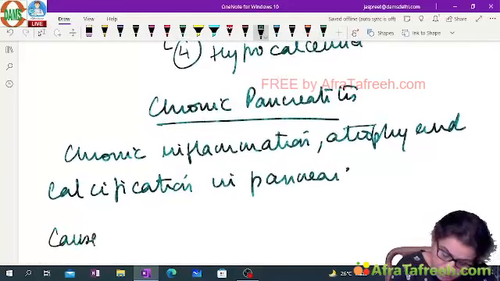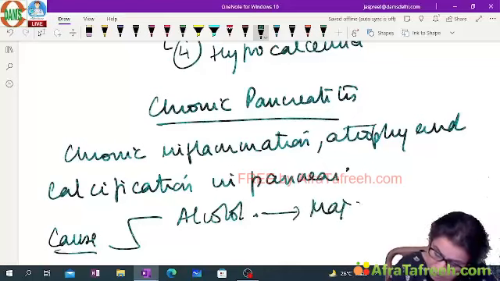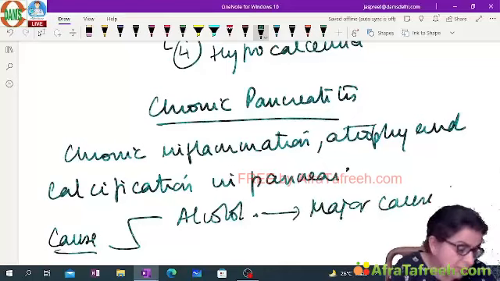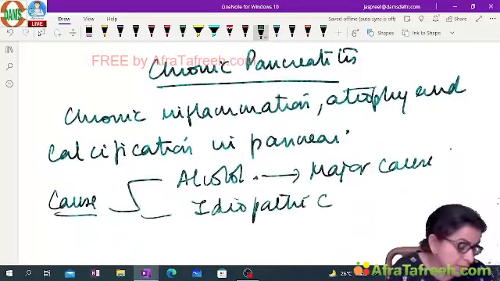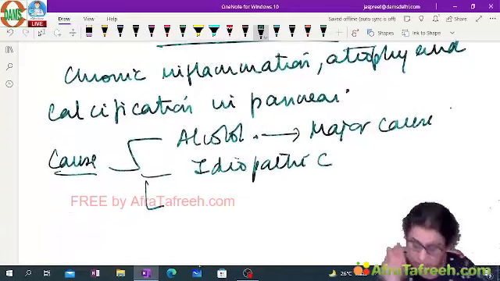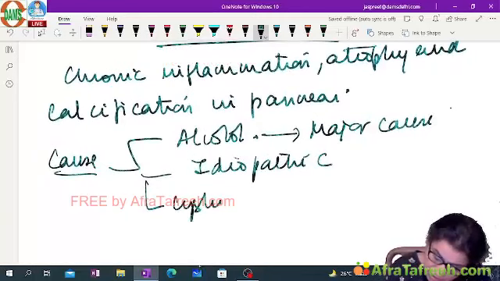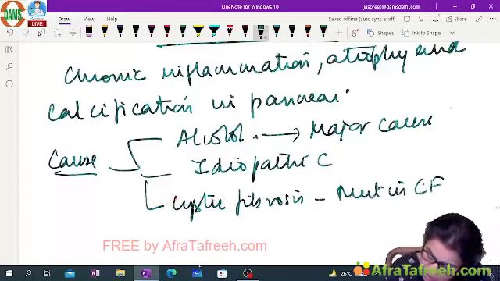The main cause is alcohol. Alcohol is the major cause of chronic pancreatitis. Second, it may be idiopathic. Then third, patients with cystic fibrosis. Cystic fibrosis is due to mutations in the CFTR gene.